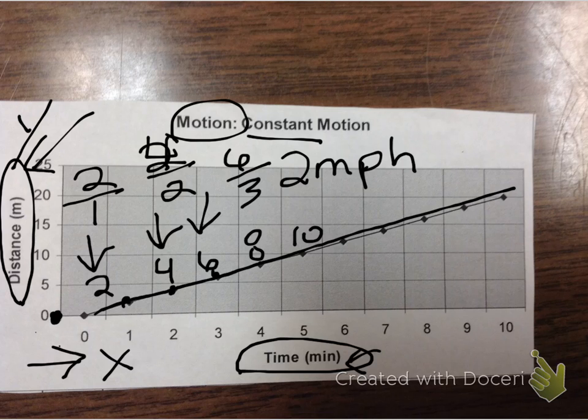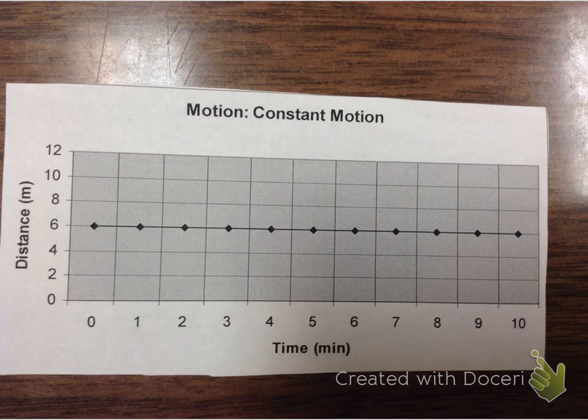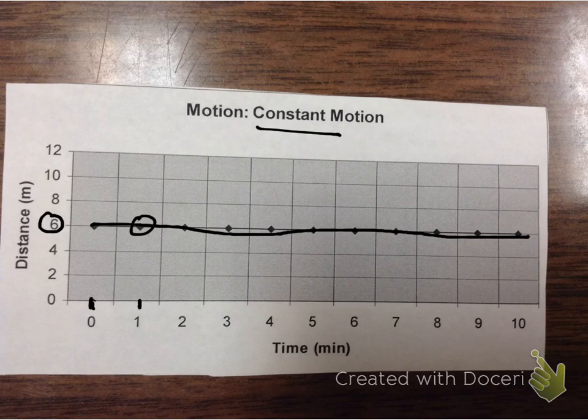Alright, let's take a look at the next one. This is a straight line. My line's not very straight, but the graph line is a straight line. It is also constant motion, but let's take a look. At 0 seconds, this object was at 6 meters. At 1 second, they were still at 6 meters.